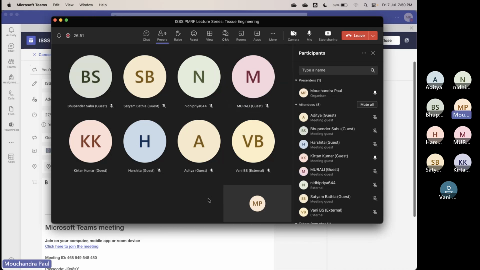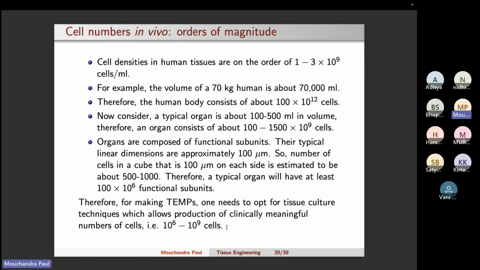Yeah, okay, thanks. So as I was saying, for making TEM, one needs to opt for a tissue culture technique which will allow production of around million to billion cells. So 10 to the power 6 to 10 to the power 9 cells you need for making a tissue engineered medical product, because you are mimicking the cell numbers that are typically present in a human tissue.